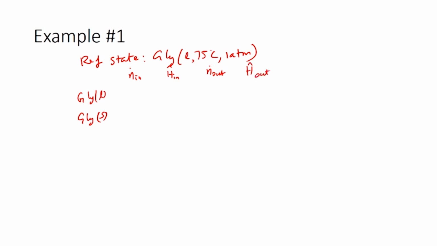Now for the inlet conditions, we have only liquid glycerol coming in as 68.5 kilomoles, and solid glycerol is not coming in through any stream, and you have outlet streams where you have 27.4 kilomoles of glycerol liquid leaving and 41.1 kilomoles of glycerol solid leaving.